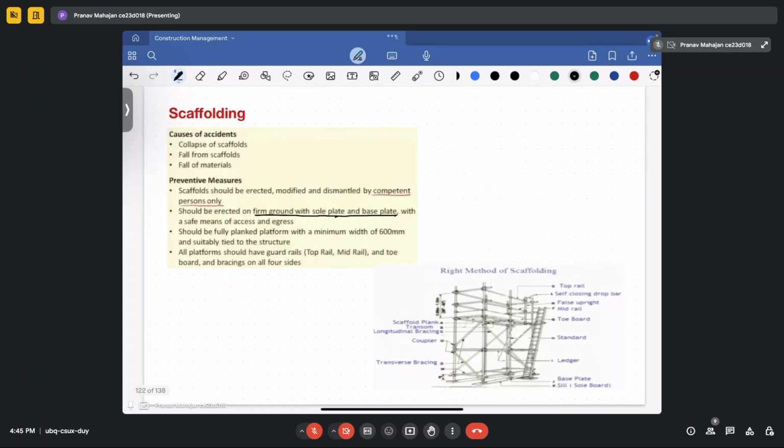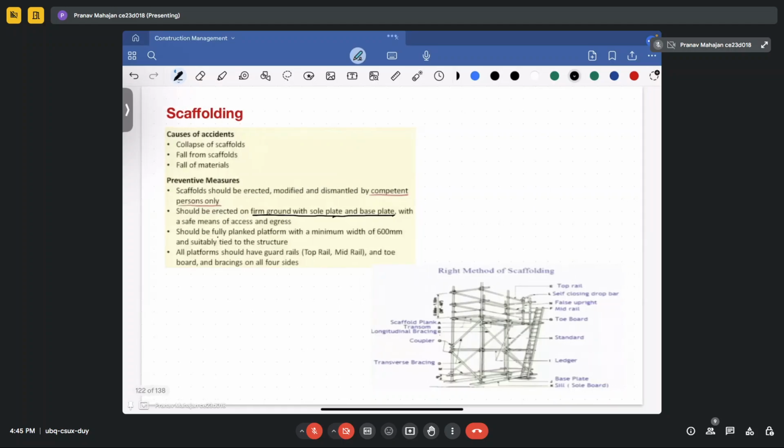Okay, so scaffolding should be a fully planked platform with a minimum width of 600 mm and should be tied to the structures. All platforms should have guardrails, toe boards, and bracing on all four sides.